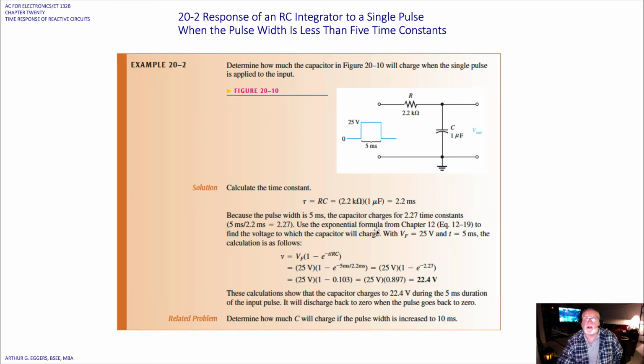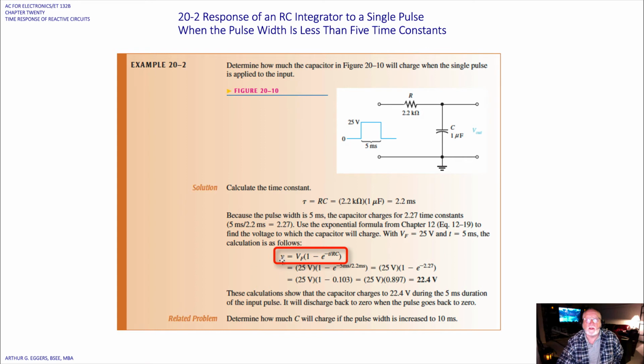Use the exponential formula that we saw in chapter 12 to find the voltage to which the capacitor will charge, with V sub F equal to 25 volts and the pulse width, T sub W, 5 milliseconds. The calculation is as follows. So here's that exponential relationship that we acquainted ourselves with before when we studied this in DC.